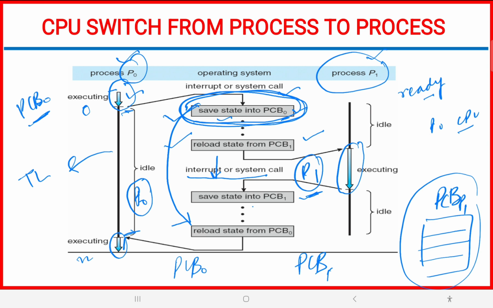Only then can this process begin its execution. And when somebody else gets the control, first of all we need to save the state of the currently executing process, then reload the state of the new process which is coming for execution, and thereafter this new process will actually get the access of the CPU.